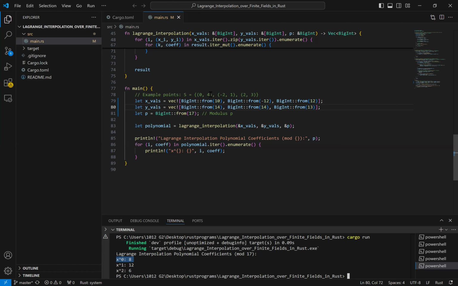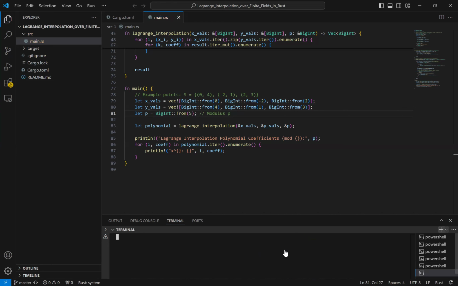Now I change these points. You see, initially this was 0. This is 4. So the initial polynomial, I was trying for several polynomials just to see that I get the same result before I say it's the right code. So this was my initial, and this is mod 5. If I make it mod 5 again, you get a different polynomial.